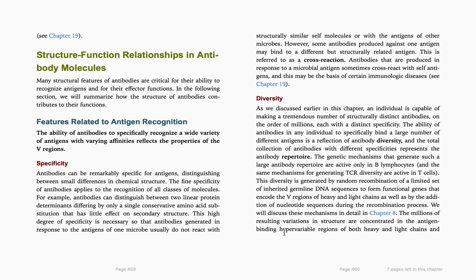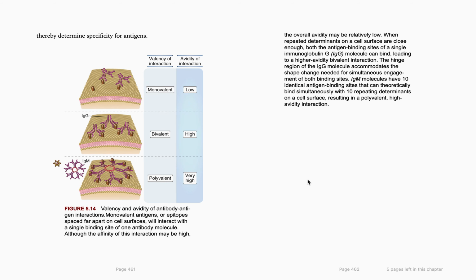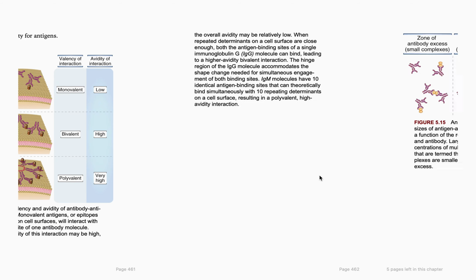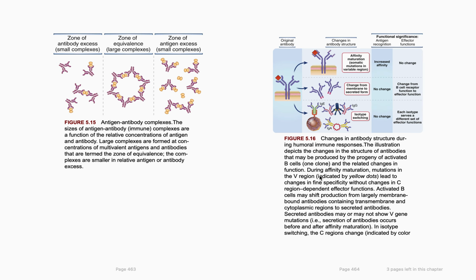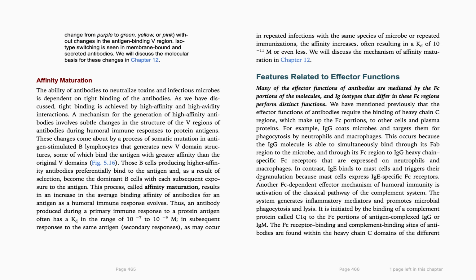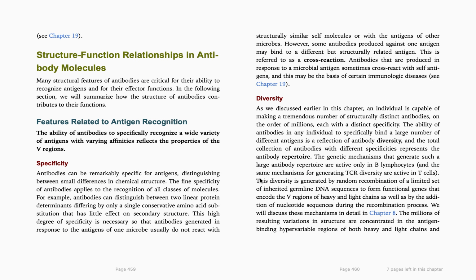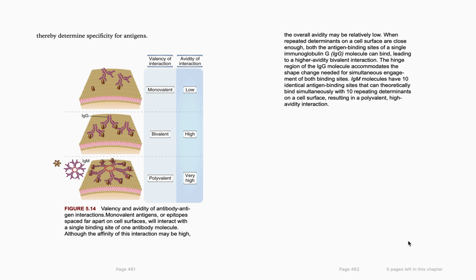The millions of resulting variations in structure are concentrated in the antigen-binding hypervariable regions of both heavy and light chains, and thereby determine specificity for antigen.